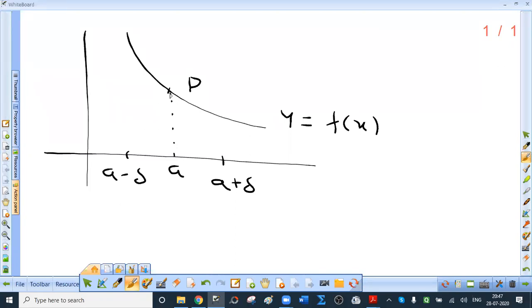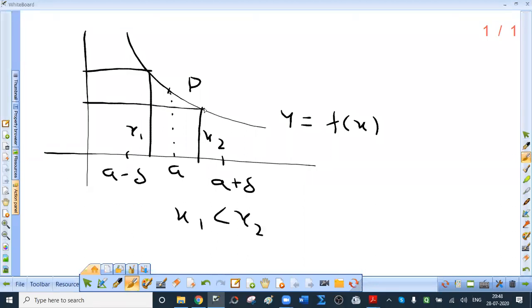So can I say that a function f is said to be decreasing at x equal to a if there exists some neighborhood a minus delta, a plus delta of a, such that for any 2 points x1, x2, I'm considering this as say x1 and this as x2. What is the observation? x1 less than x2. But can you tell me about f of x1 and f of x2?